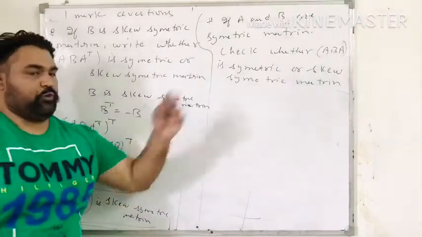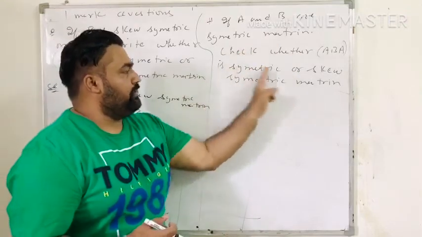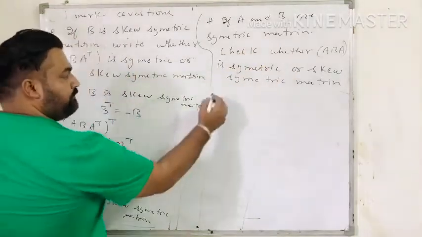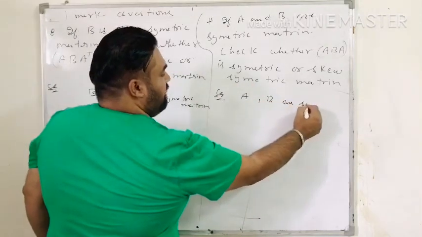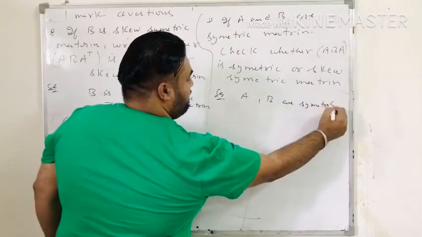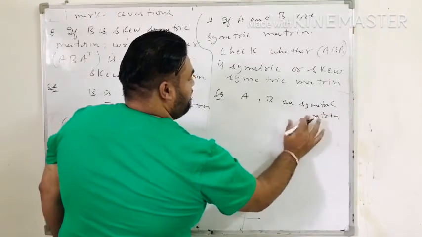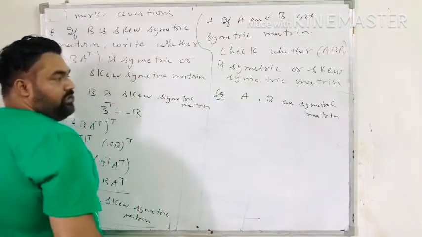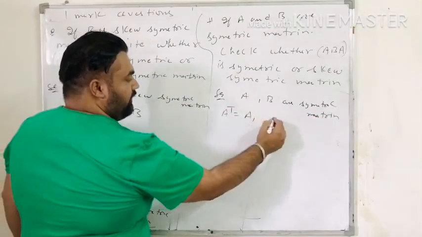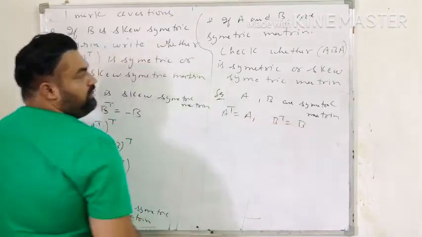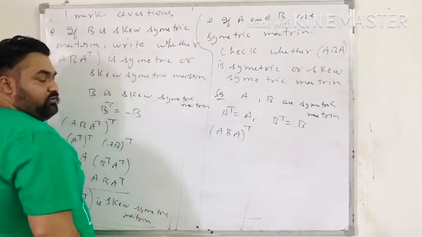Now we shift to the other question. If A and B are symmetric matrix, check whether ABA is symmetric or skew symmetric matrix. A and B are symmetric matrix, then A transpose equals A and B transpose equals B. Now we have to find whether ABA is symmetric or skew symmetric.